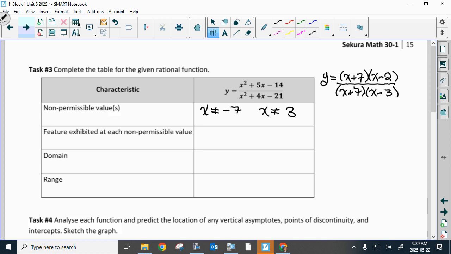Okay, the NPV: x cannot equal -7. Guys, which feature is that going to be?